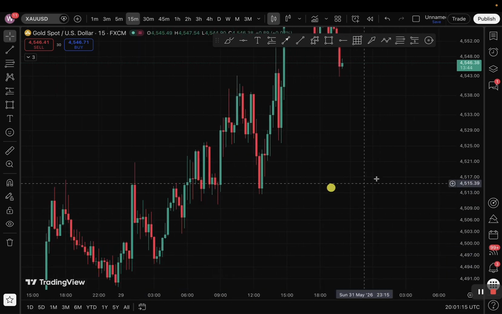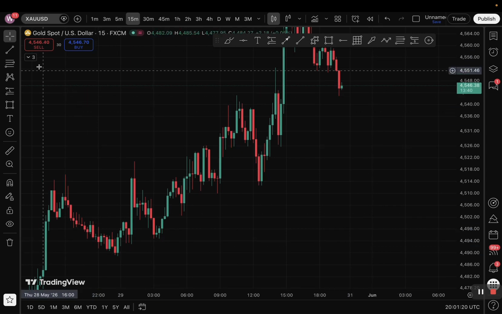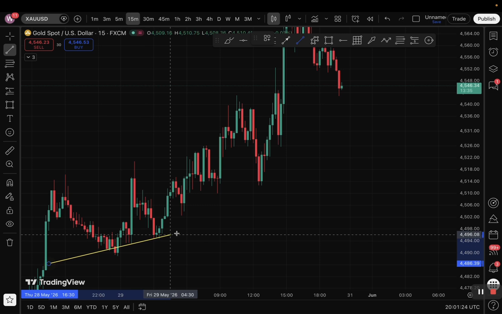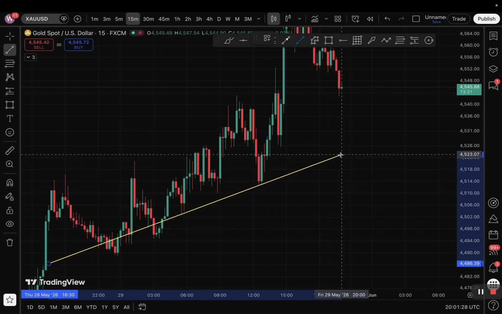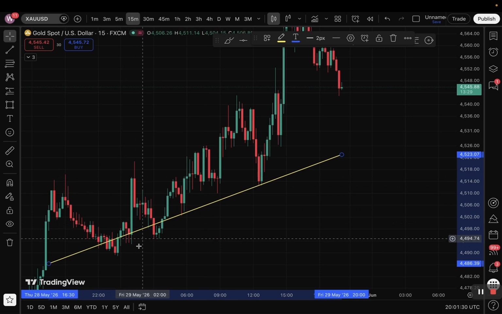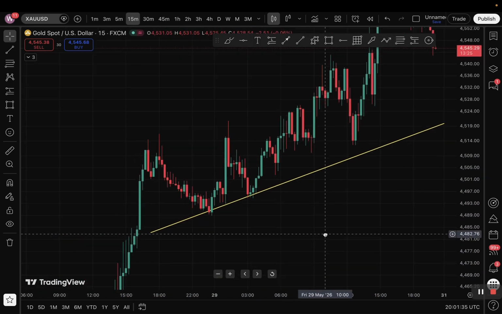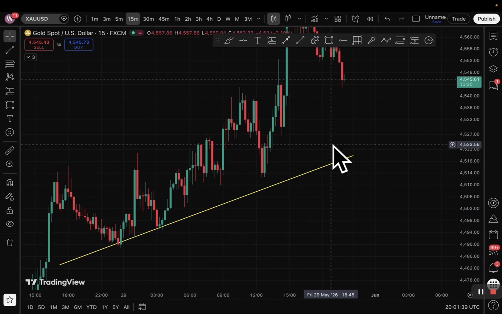You must make sure the market is doing higher highs and higher lows. On this 15, you can see the market is respecting this level. This is a very clear support level, and the market doesn't break this level on the 15-minute candle.